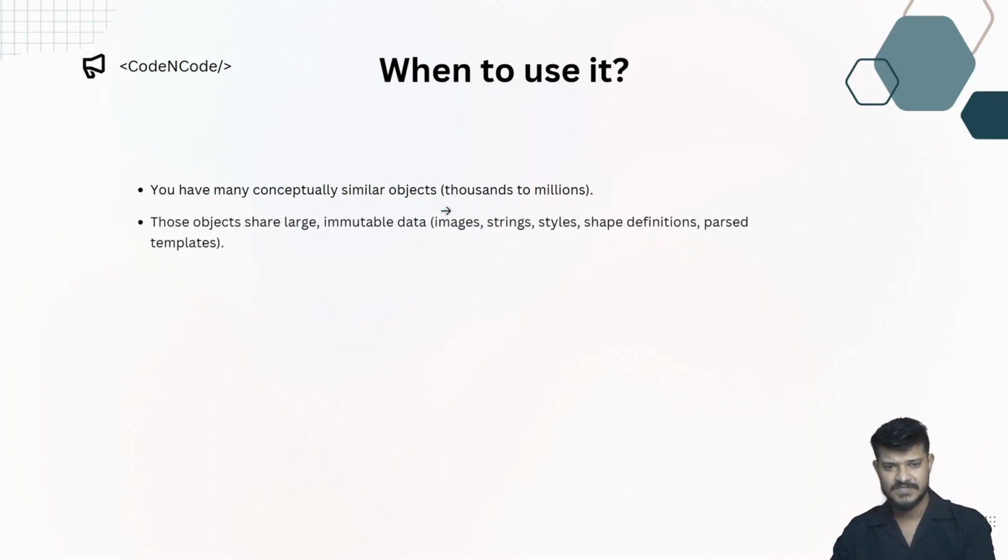Second thing is the objects should share large immutable data, as is seen in the previous example. The important thing is the data should be immutable. It's not regularly changing, and it should also be large to save memory.